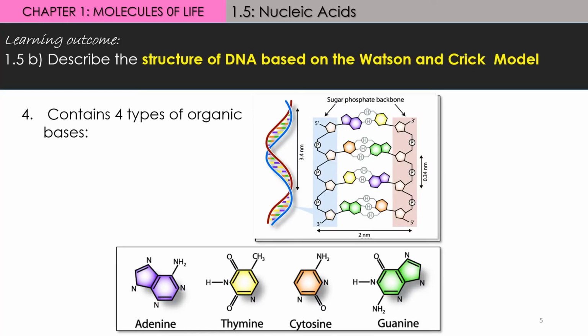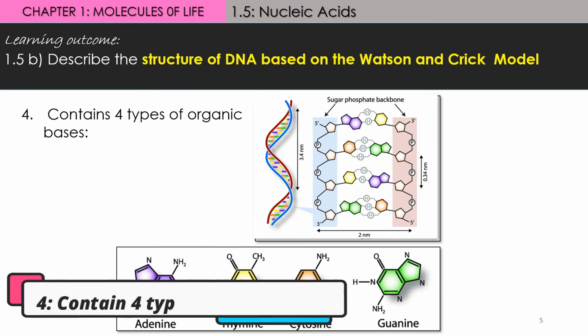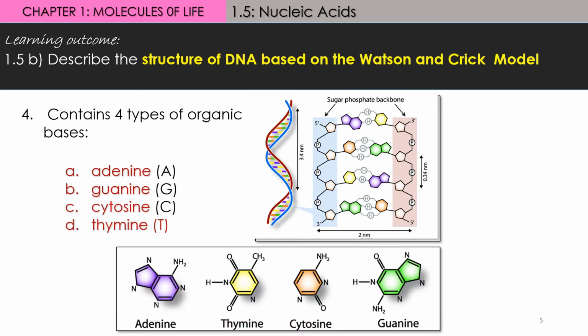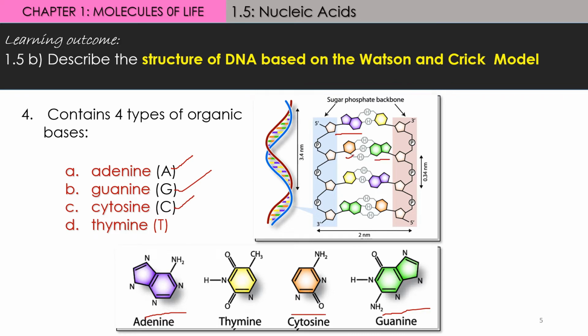Fourth, the DNA contains 4 types of organic bases, which are adenine, guanine, cytosine, and thymine.